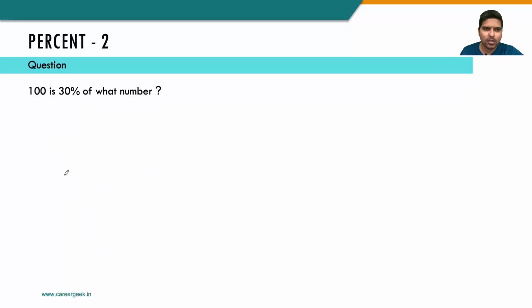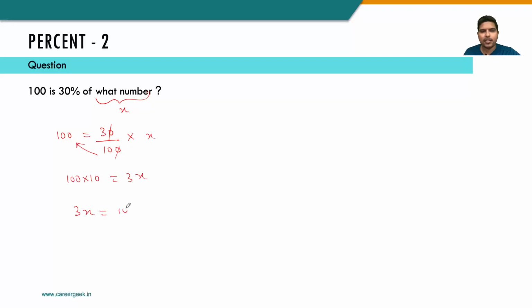Okay, one more question. 100 is 30% of what number? This what number, let it be X. Same thing, convert it into an equation. 100 is 30%, 30 upon 100, of this unknown X. So this gets cancelled, 10 goes to the other side and multiplies, which is 3x.